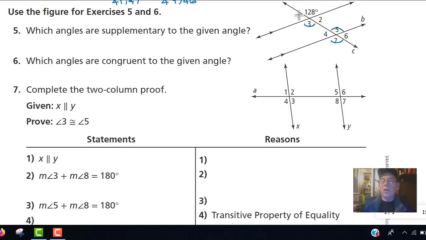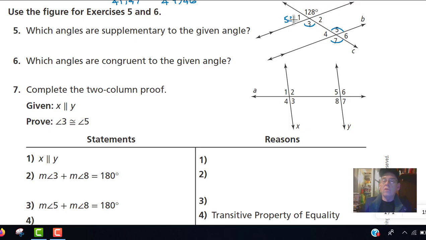Angle 1 and 128 adds to 180. Angle 2 and 128 adds to 180. Angle 4 and 5 would add to 180, but 5 is the same as 128. And 4 and 7 would add to 180. And also 6 and 5 and 6 and 7 would add to 180. So the supplementary angles to 128 are all the angles that are 52 degrees.